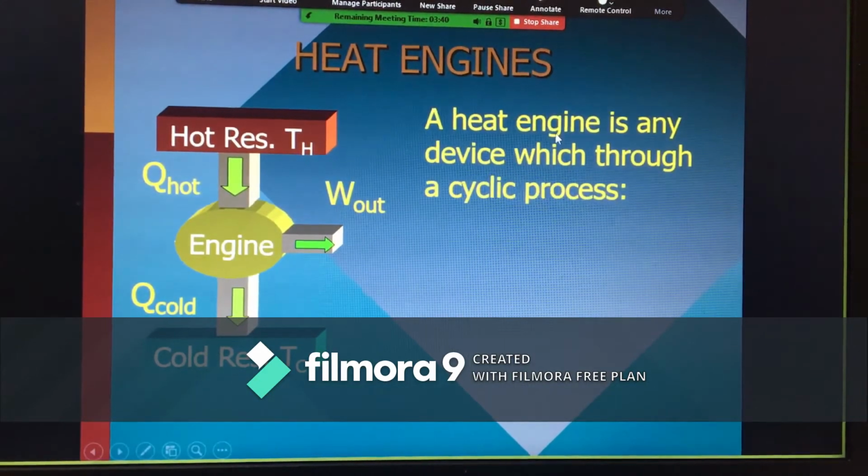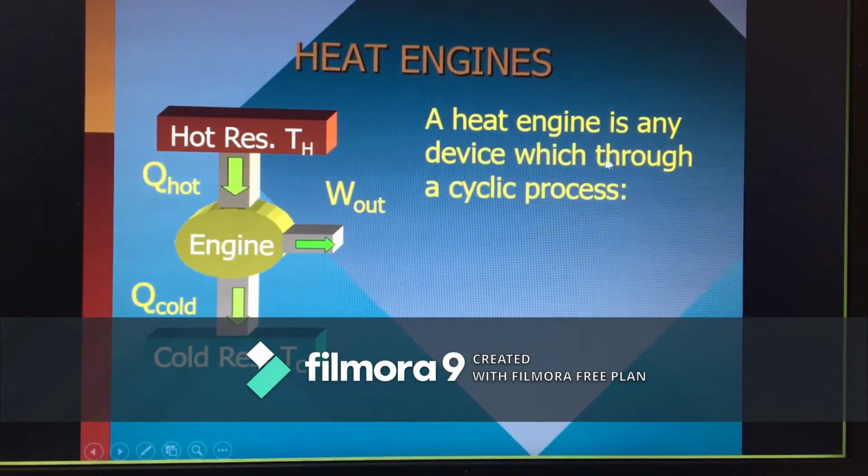A heat engine is any device which works through a cyclic process, like the one we showed and discussed last time, and also the summary we discussed today. Going from point A to point B, then from point B to point C, from point C to point D, then from point D to point A. So it's a cycle. Engines use this cyclic process.